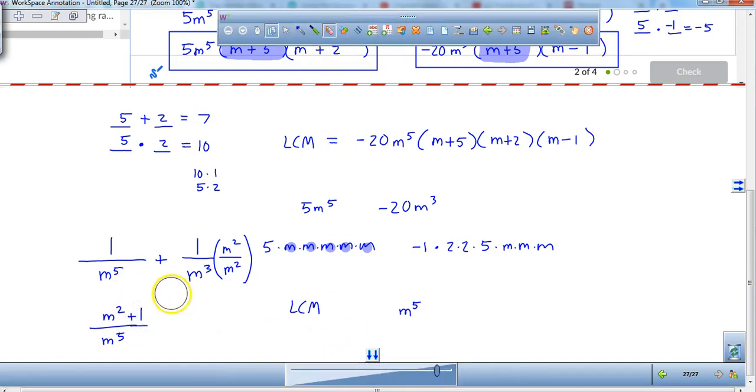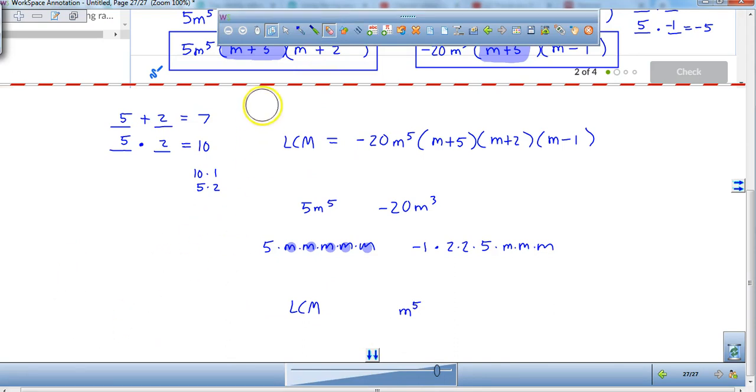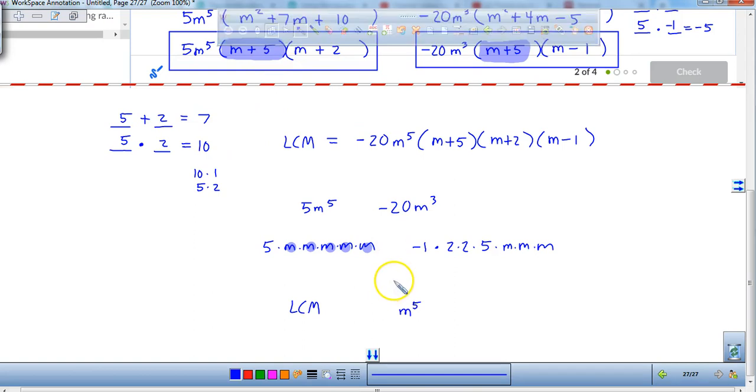So I'm going to go and erase this right here. Now, the next thing we have to look at, knowing that we have to have m to the power of 5 in our least common multiple, is our coefficients. We got to have a 5 in the coefficient.